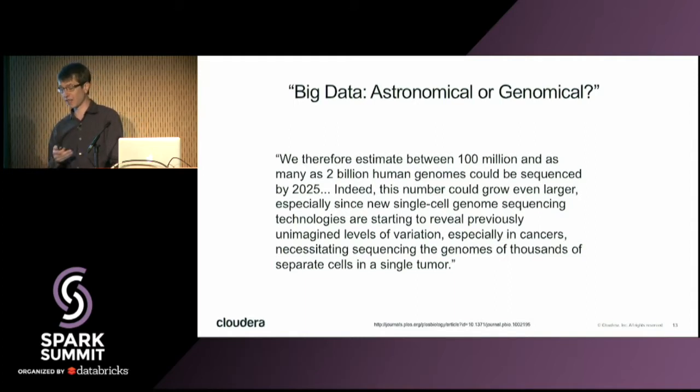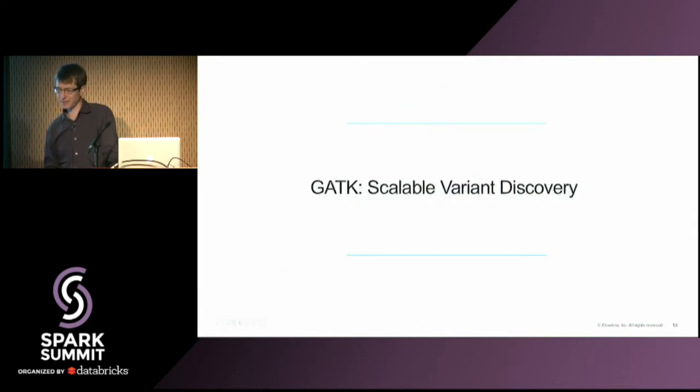They vary over time. There are different cells. So you can just see how this thing multiplies. And the challenge is going to be, can the technologies that we have keep up with the growth of sequencing? Will Spark scale, basically? That's a challenge for us.